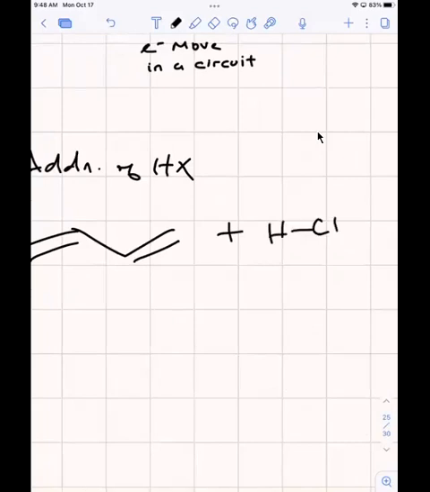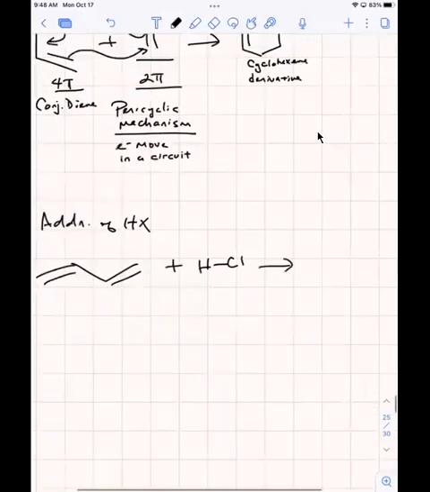What am I going to get from that? Just from the reaction, let's say HCl, the double bond is going to break, and HCl is going to be bonded to that. So you're going to add HCl across the double bond. Is that right? Yeah. Good.